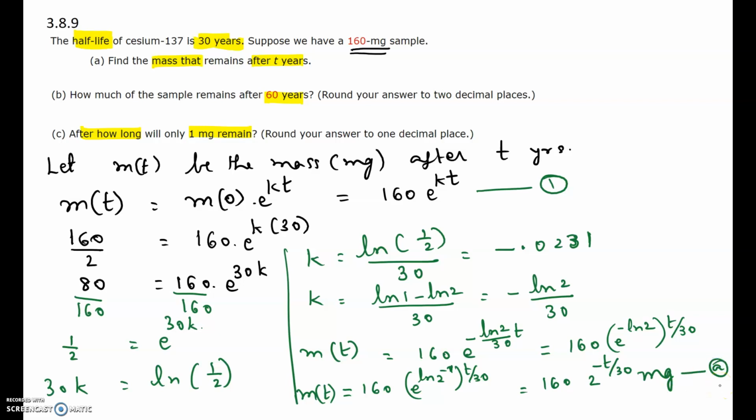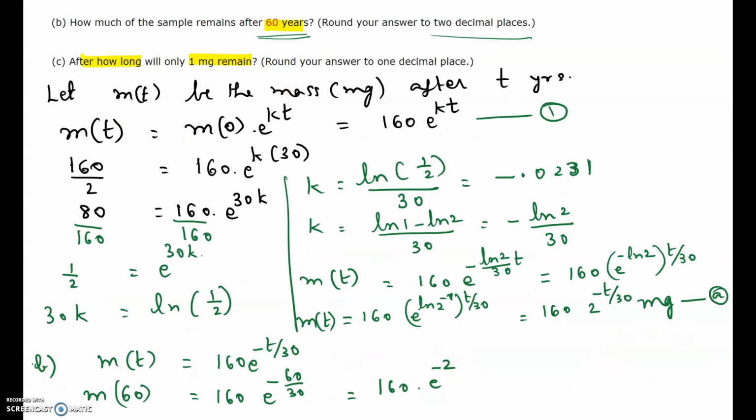Now let's do the second part. How much of the sample remains after 60 years? Round your answer to 2 decimal places. So m of t is 160 times 2 to the exponent negative t over 30. We replace t by 60, so it is 160 times 2 to the exponent negative 2.